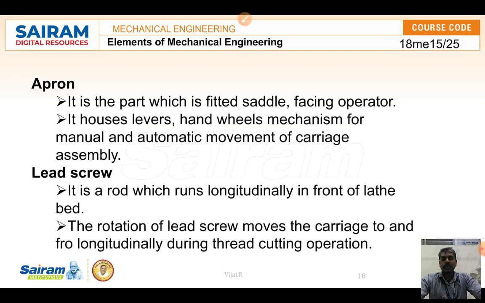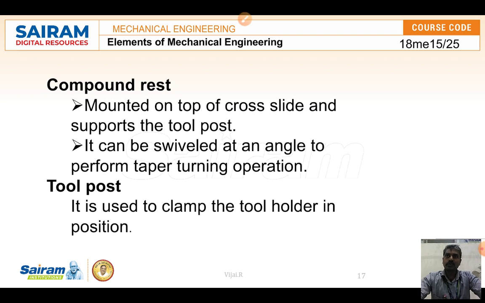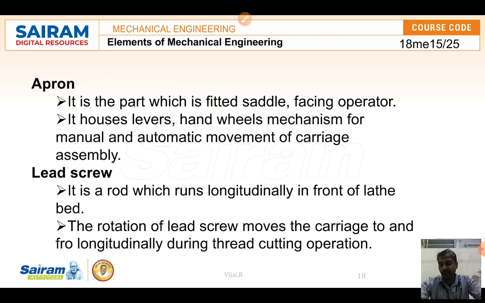So this is the basics of the lathe machine tool, the very important parts of the lathe machine. In terms of the basic parts, we should remember the headstock, the tailstock, and the carriage, and the carriage consists of the saddle, compound rest, tool post, etc. The lead screw is helpful for the longitudinal movement of the tool carriage.